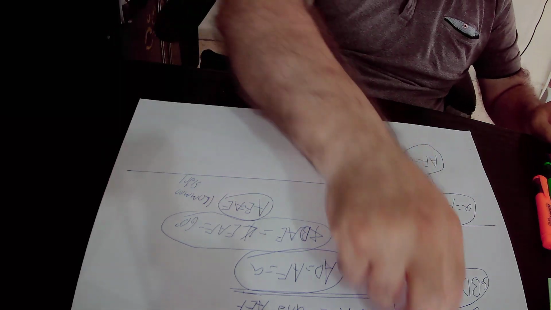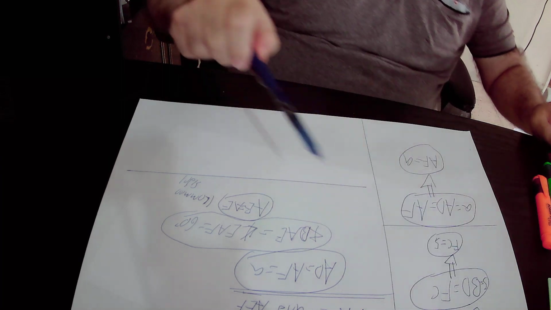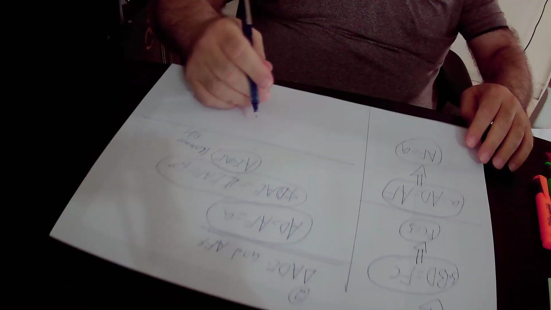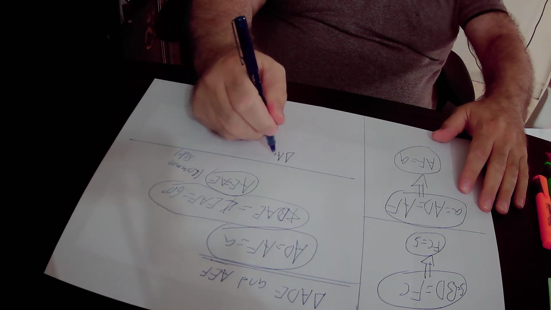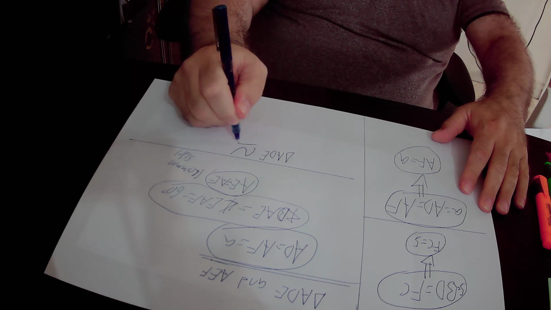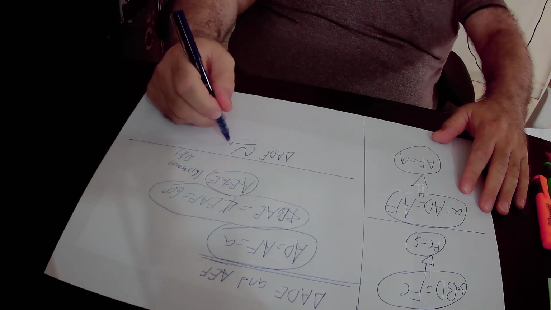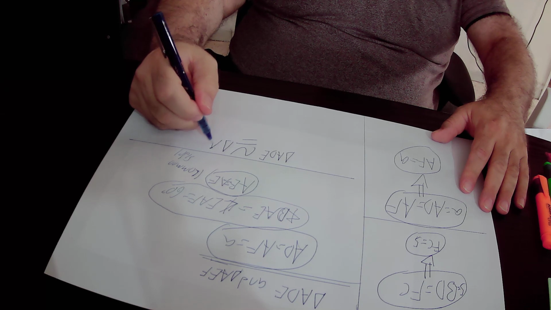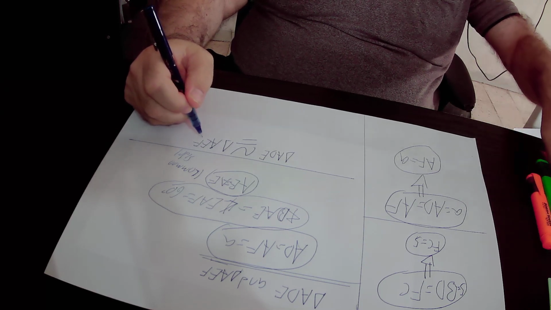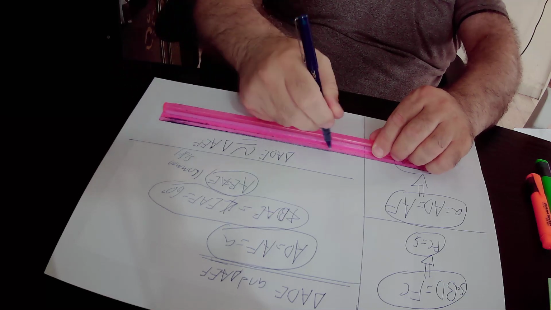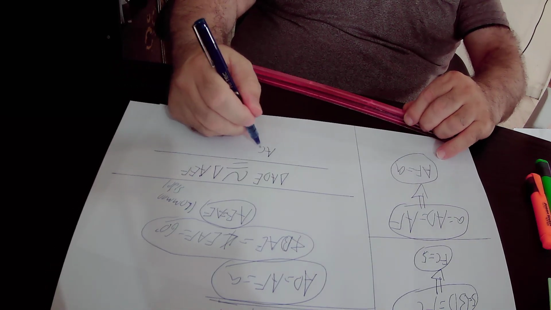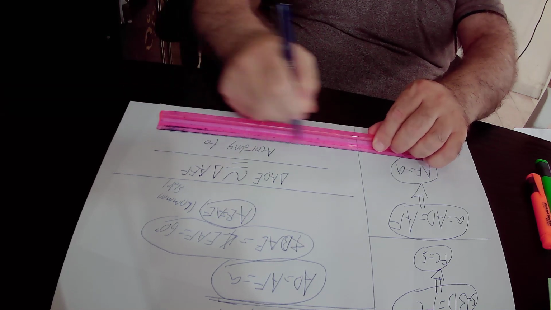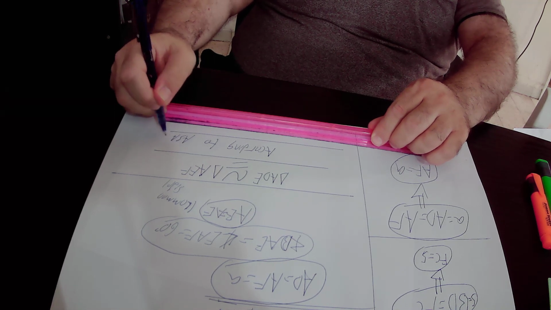So we actually proved that the green triangle ADE is congruent, this is the sign of congruent, to the orange triangle AEF, according to angle side angle rule.